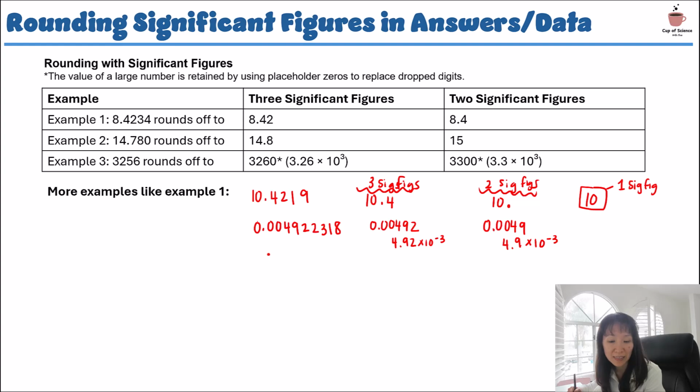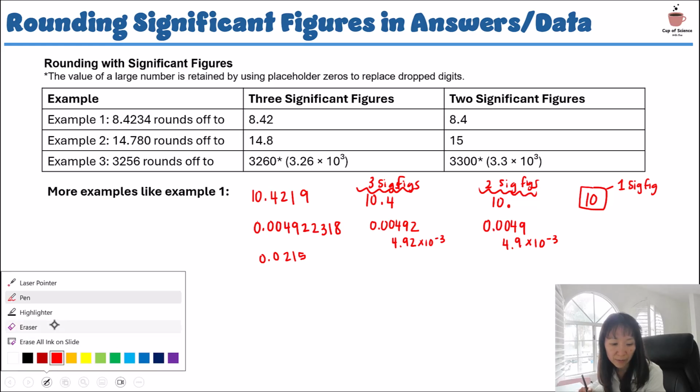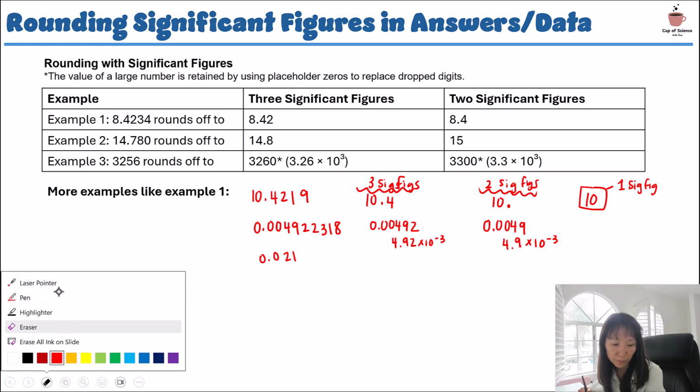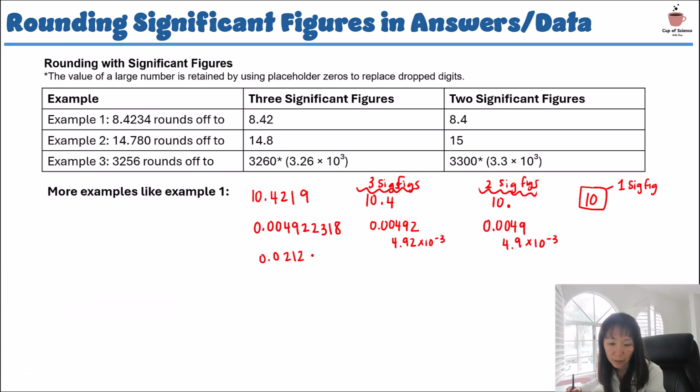Let's do one last example. 0.0212351. Now let's put it in 3 sig figs. We're going to ignore the last digits but accept the first three.